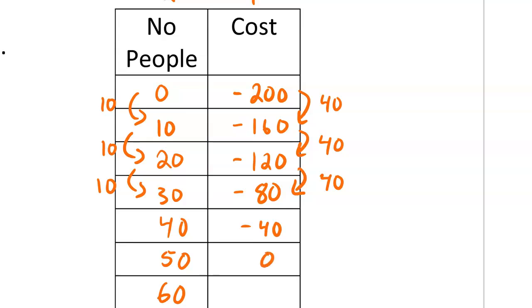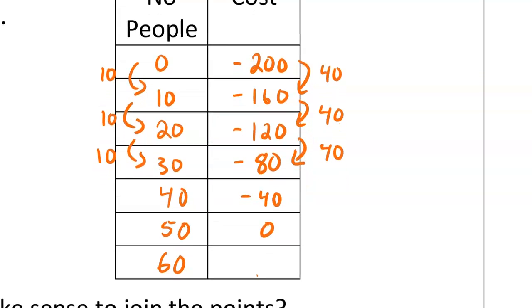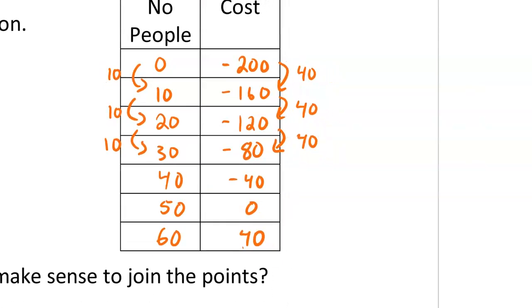Negative 40 will bring me to 0, and now at 60 people I have made a profit finally. So 50 people is that magic number where I've broken even, but where I actually turn a profit would be 51 people.